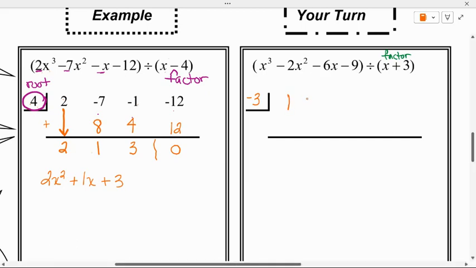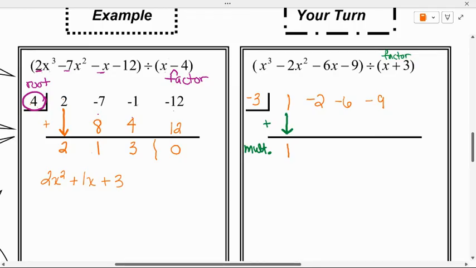What's the leading coefficient of the next term? Negative 2. And then, okay. So we take our first term and we are going to drive it straight down. We add these, like this whole bar right here is addition. And remember that this is the multiply row. I don't know if that'll help you or not. So I'm bringing down my 1.